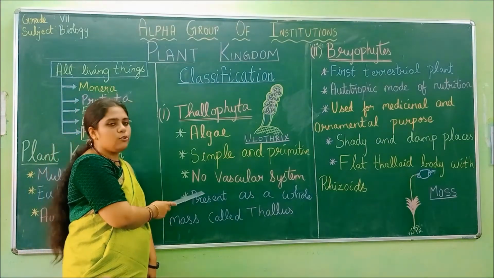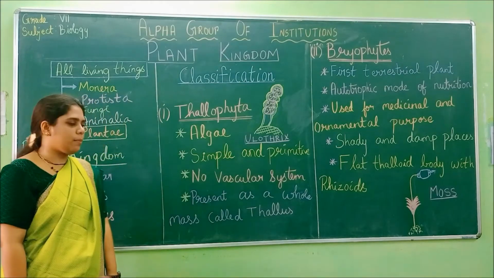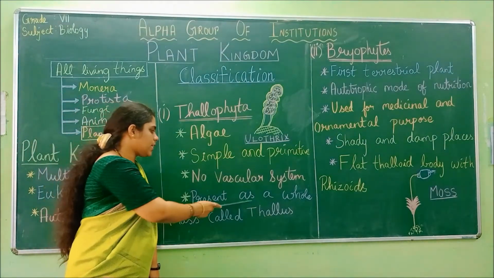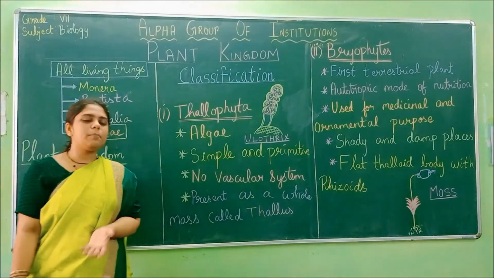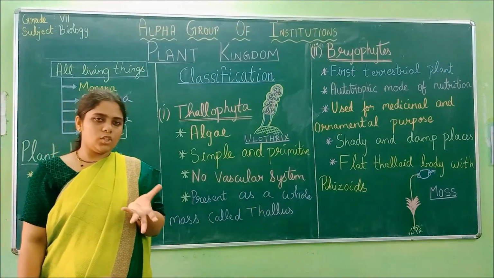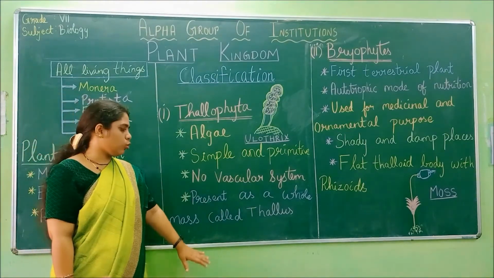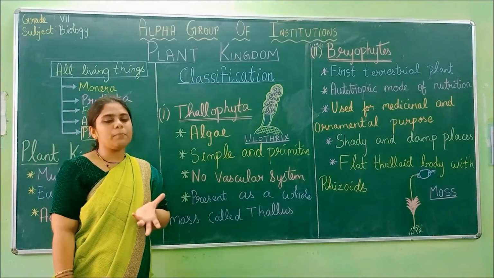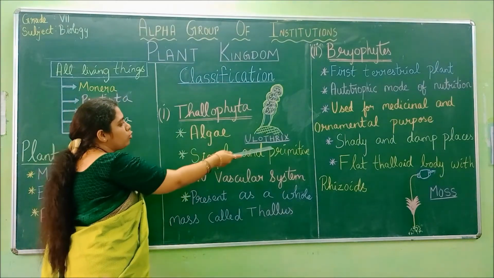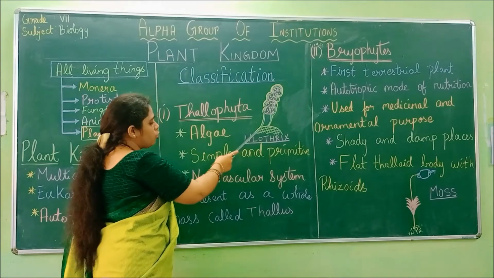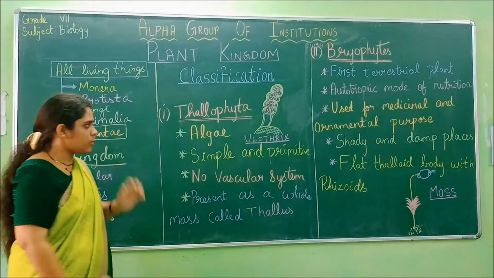They are present as a whole mass called thallus. No leaves or roots will be present. They will be present as a whole called thallus. For example, this is the structure. They will be very small structures.